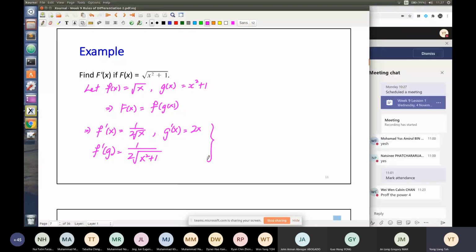So f prime x is equivalent to f prime g times g prime x. So plug everything together, we are getting x over square root x squared plus 1. Any objections?